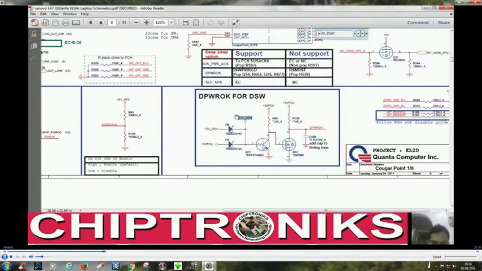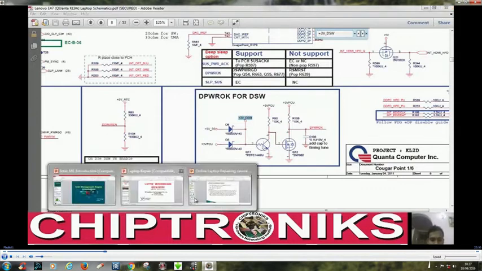You can see there are two sources for this plus 3V underscore DSW. One is plus 3V PCU and another is plus 3V underscore S5, right? So initially this plus 3V PCU is supplying the plus 3V underscore DSW.